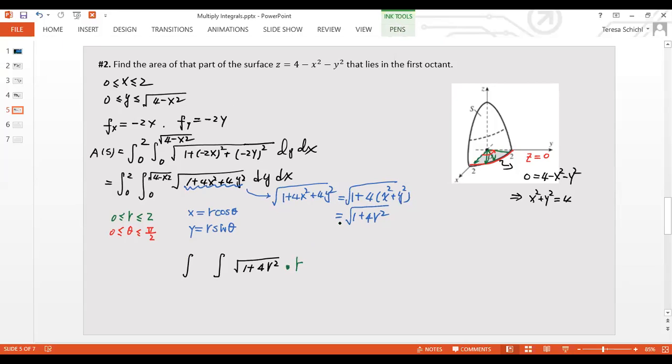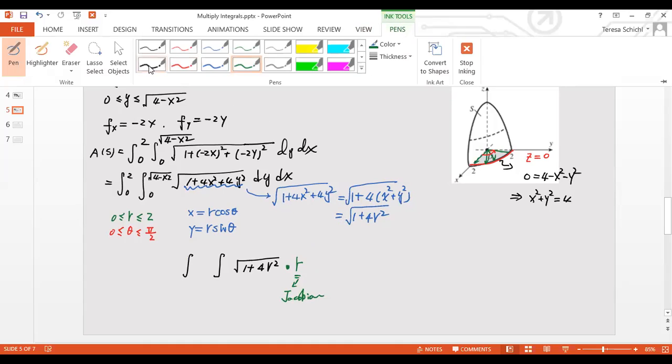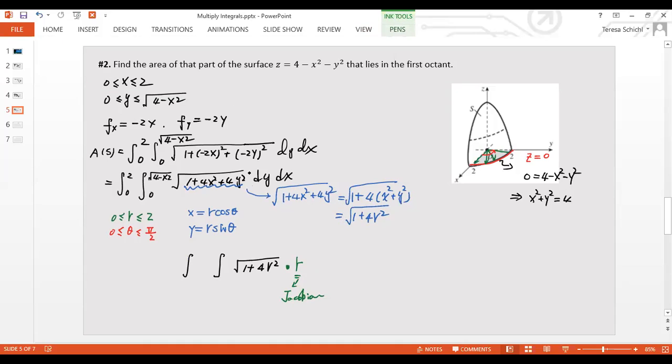You need to multiply by the Jacobian, right? This is the Jacobian for the transformation. And then we can do the integration. In here, it doesn't matter, both of them have fixed ranges, so I can do just d theta dr.